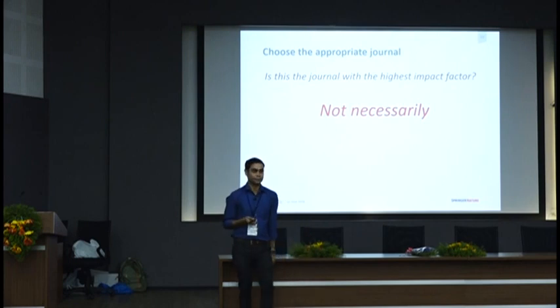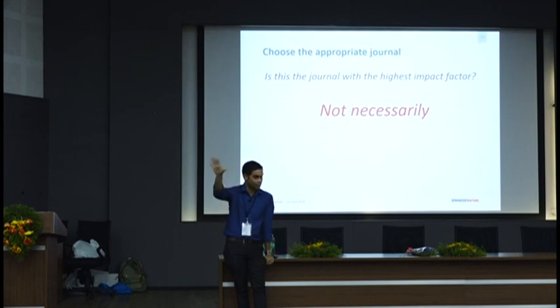It's calculated as a ratio. Let's say there is a journal A, all right? The numerator of the impact factor is the total number of citations that all the articles in journal A have received in the previous 2 years.